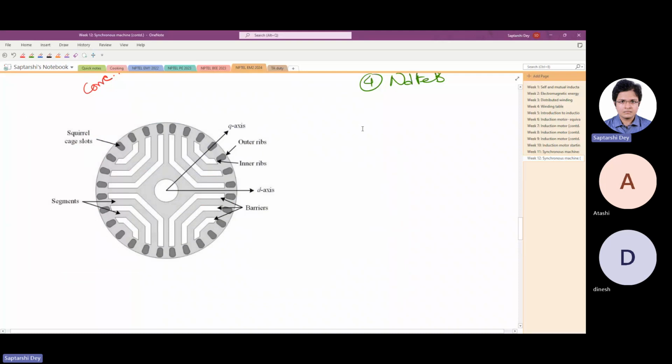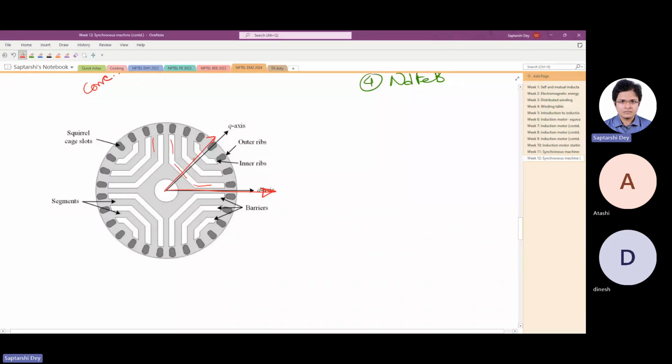As you can see, the Q axis is here. This thing is made of steel, and they have cut in between, right? So these are called flux barriers. This white part is actually vacant flux barriers, and these parts are called ribs. The rotor flux can flow in this direction, and it cannot flow in this direction.